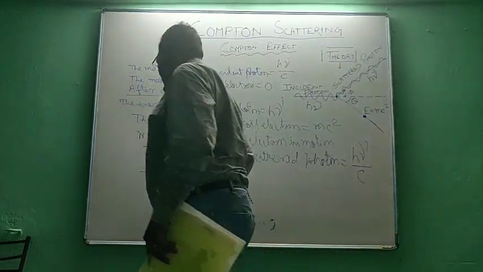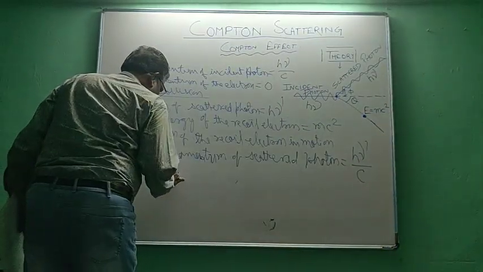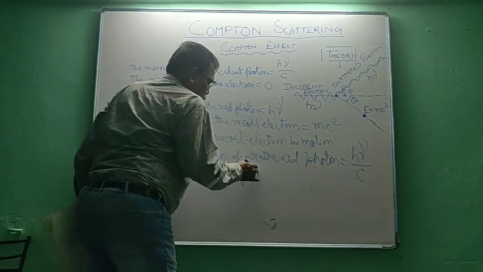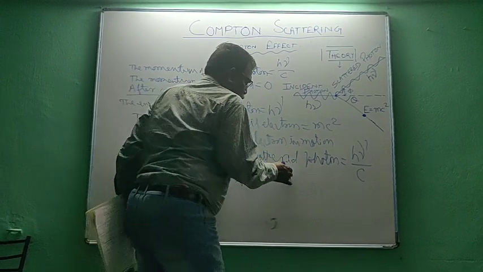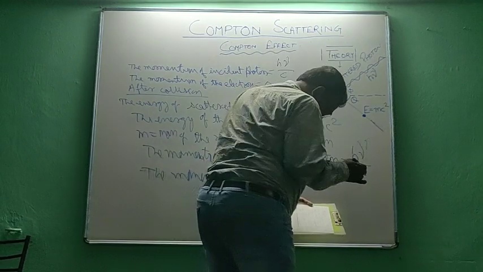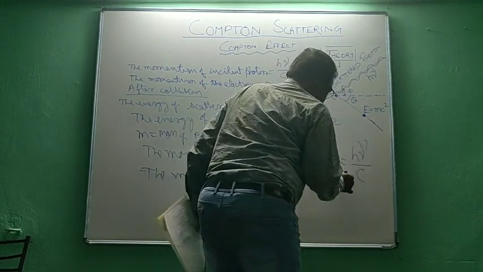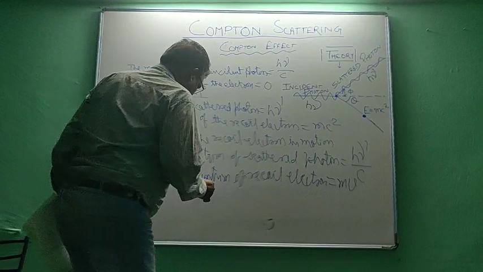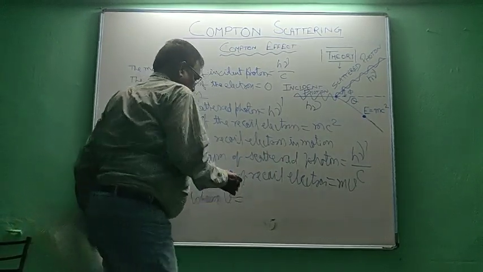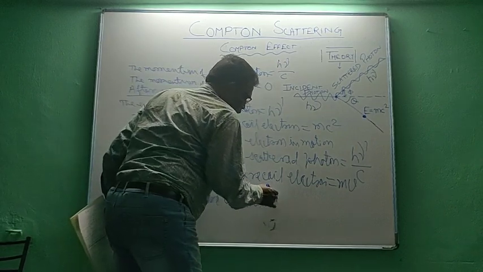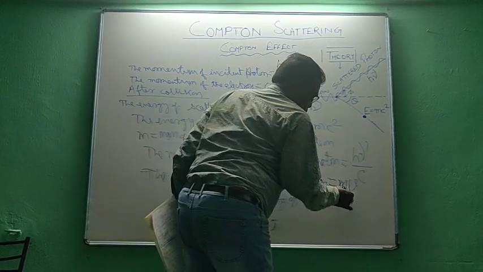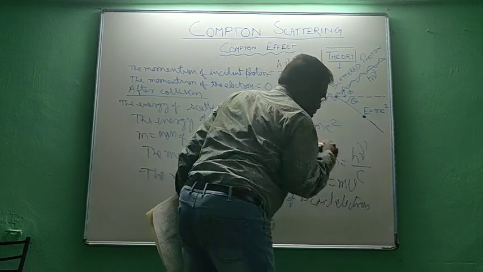And the momentum of the recoil electron is equal to mv, where v is the velocity of the recoil electron.